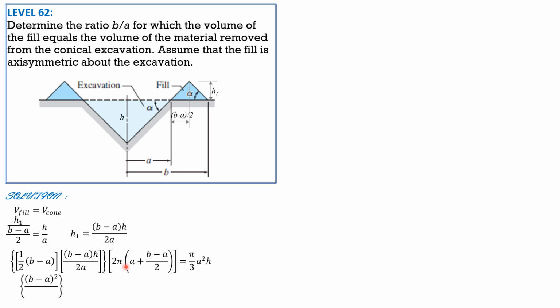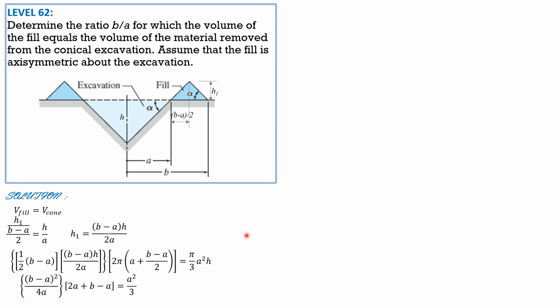Then cancel pi, distribute, times 2A plus B minus A, equals A squared over 3. So after we cancel out pi and H, we have (B minus A) squared divided by 4A, times 2A plus B minus A, equals A squared over 3.